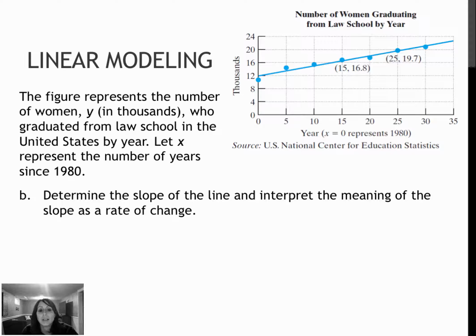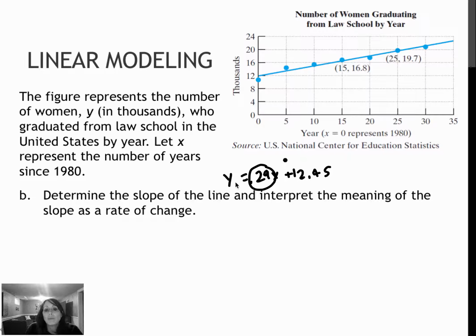The next part says determine the slope of the line and interpret what it means. And so again, if you'll remember, I had 0.29x plus 12.45. So that slope would be 0.29.